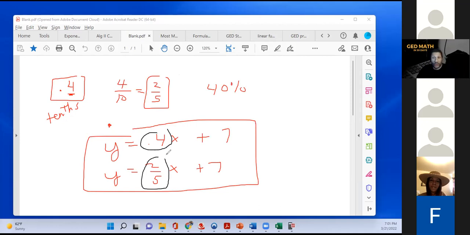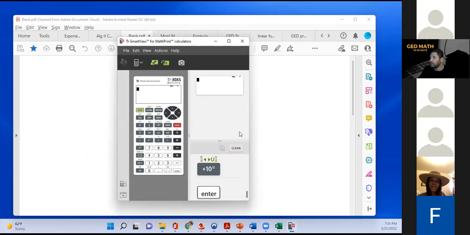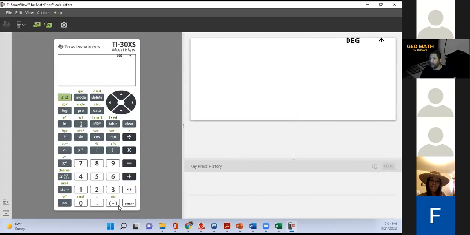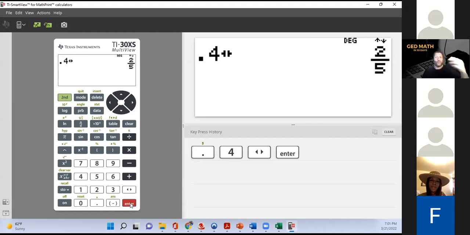So if on your calculator you got 0.4 as your slope, but in the multiple choice all they have is fractions, you have to know how to change it to a fraction. You might not see it the same way.